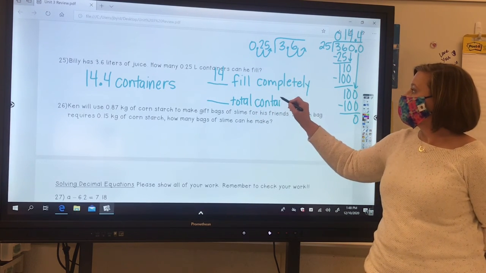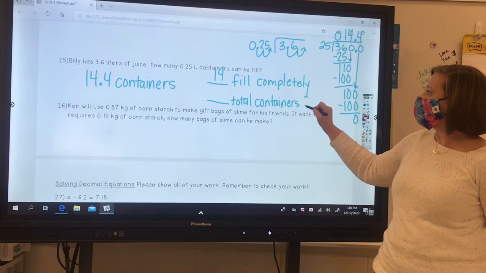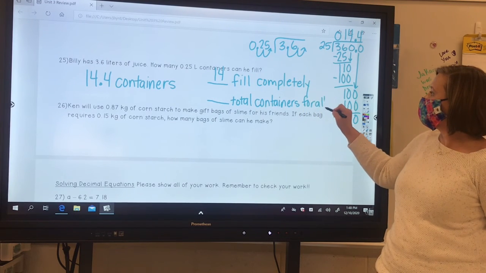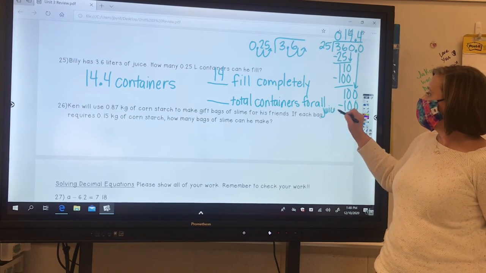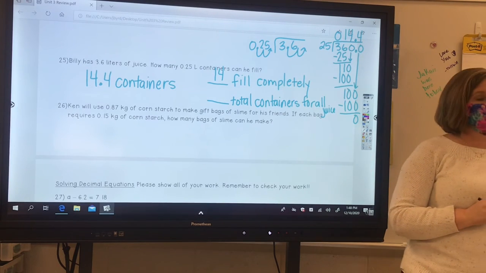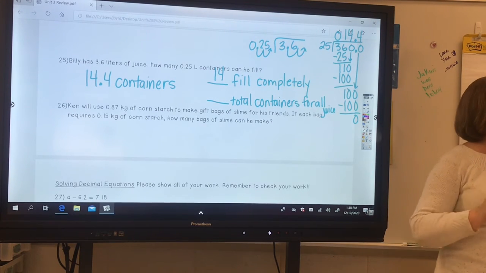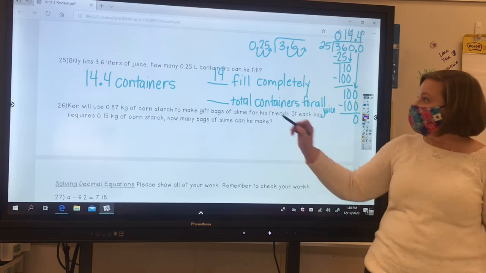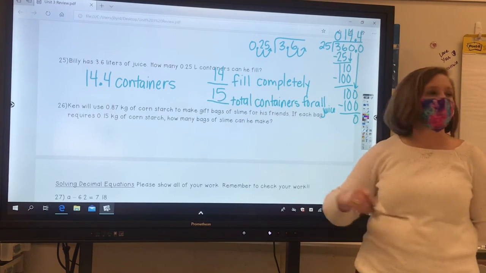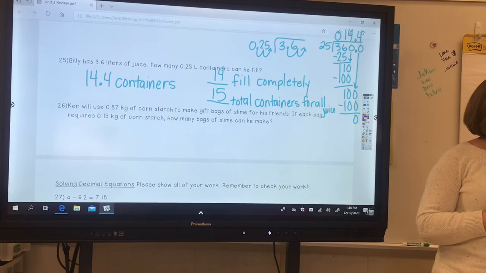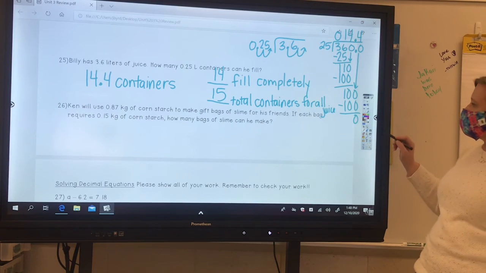If he wanted to pour all the juice into containers, he would need 15 containers to use up all the juice. Yes. All right, let's look at 26.